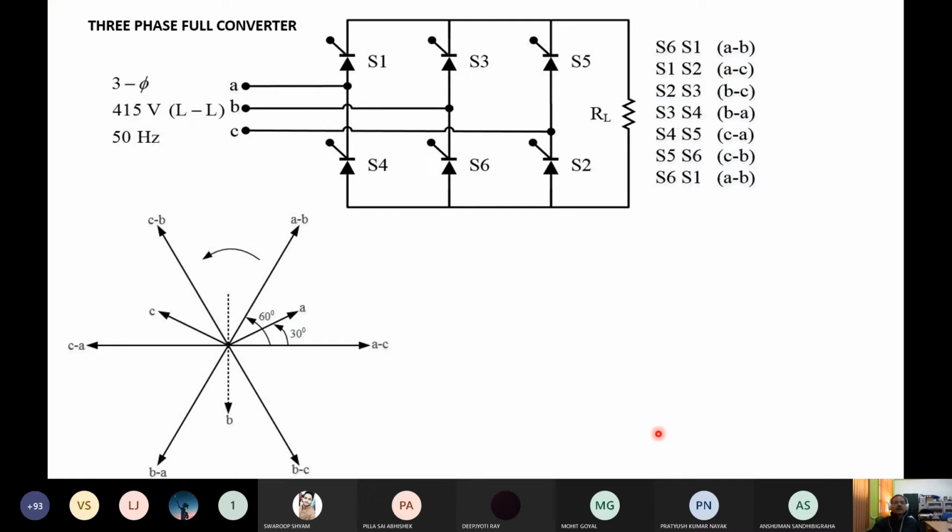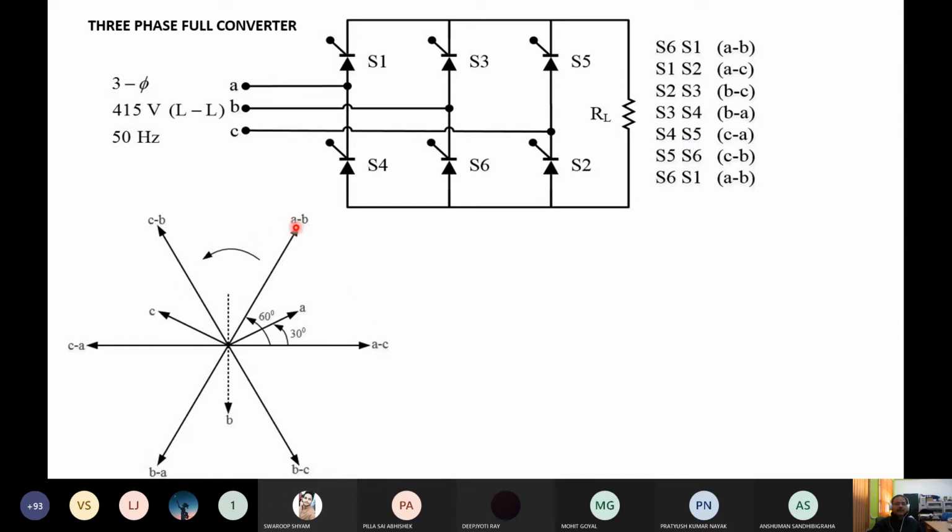Just see the numbering 1 3 5 4 6 2. Why is it like this? Why not 1 2 3 4 5 6? It indicates the sequence of triggering. The numbering of the thyristors is done, which indicates the sequence of triggering. This phasor diagram is similar to the previous one.